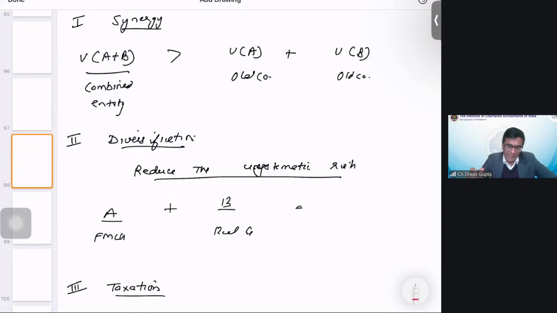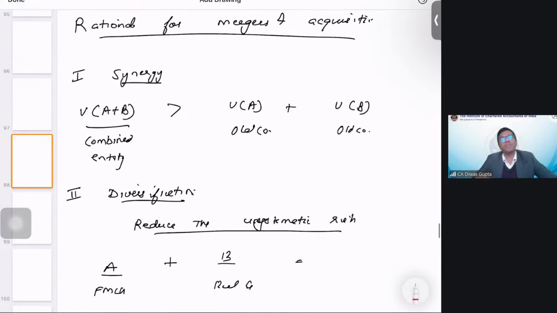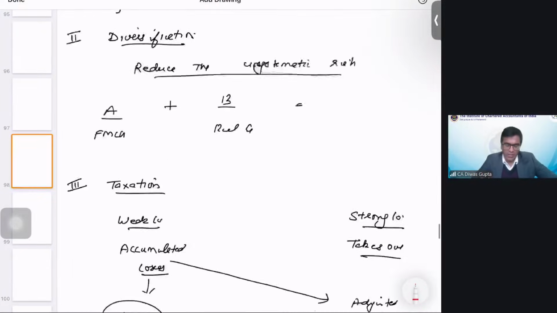How? Let's say A is into the FMCG business, B is into the real estate business, both of them unrelated. If we invest in both of them, there is a diversification because you are trying to diversify into different unrelated industries. Okay, so that is also one of the reasons for merger and acquisition: diversification.